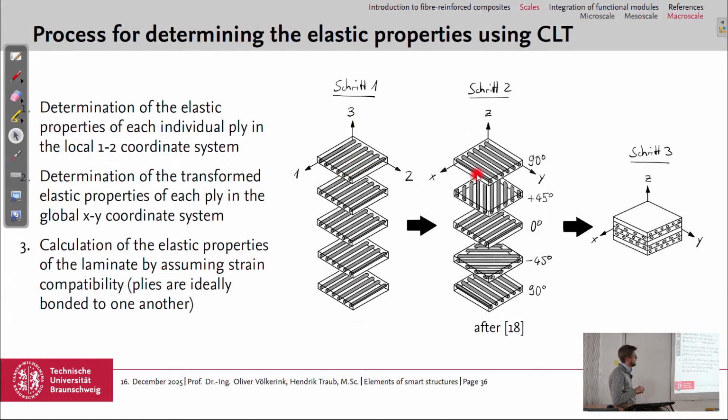Then we have the laminate stacking sequence, which we use with the fiber orientation to transform the stiffness matrix and rotate them according to their orientation in the laminate. And then we assume that we have strain compatibility, so that all plies are ideally bonded to one another, and they all have the same strain, they can't detach or slide against each other.